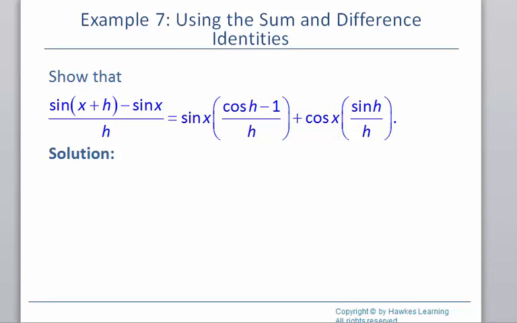The only reason that I'm not starting with the right-hand side is that I don't instinctively see anything particular that I can do with it. However, I noticed that on the left-hand side, we have a sum inside a sine, and I know I have a formula for that. So I think that's where I'm going to start with this one. So I'm going to write my left-hand side down with the intention of trying to turn it into the right side.